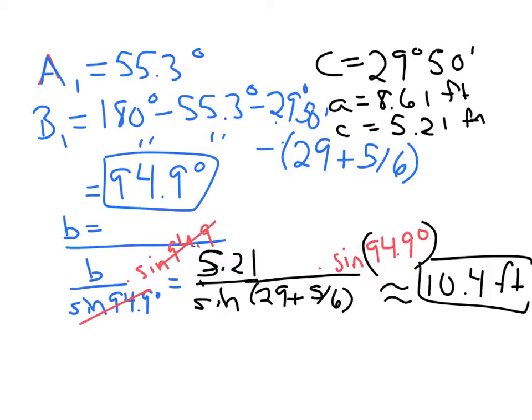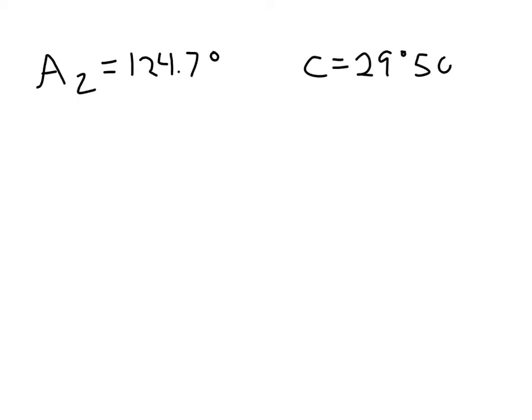Now, I won't go through all this because I don't want this video to be an hour long, but you would then go back and consider, okay, well, what if I go with that A2 that I found, which, I'm looking for that in my notes now. A2 was 124.7 degrees. Okay, so remember angle C was given, that's the 29 degrees, 50 minutes.